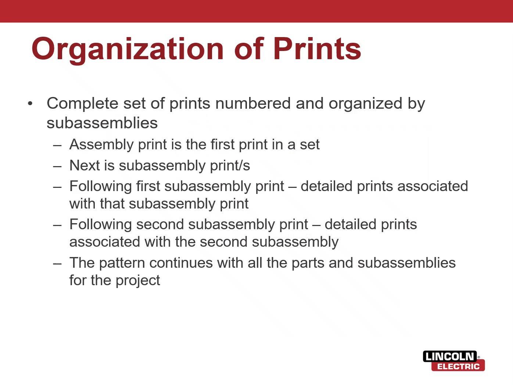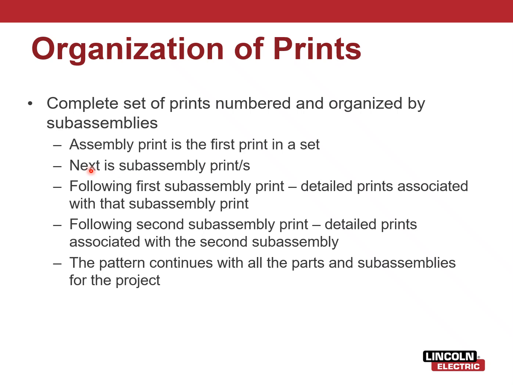So, organization of prints. A complete set of prints should be numbered and organized by subassemblies. So how many subassemblies are in that assembly? The assembly print is always the first print in a set.